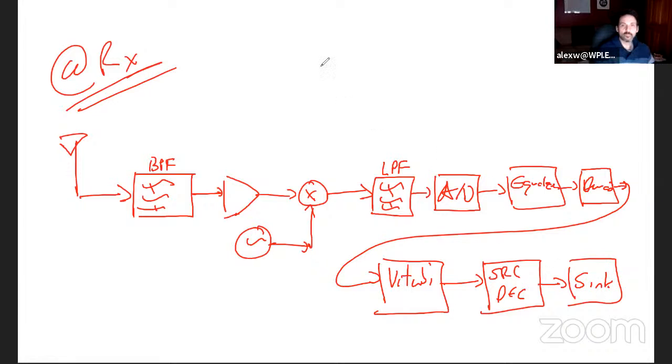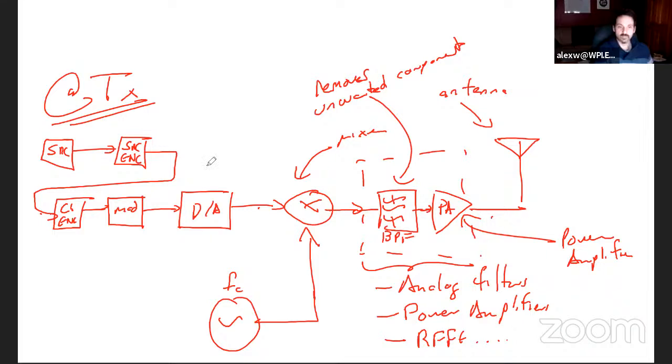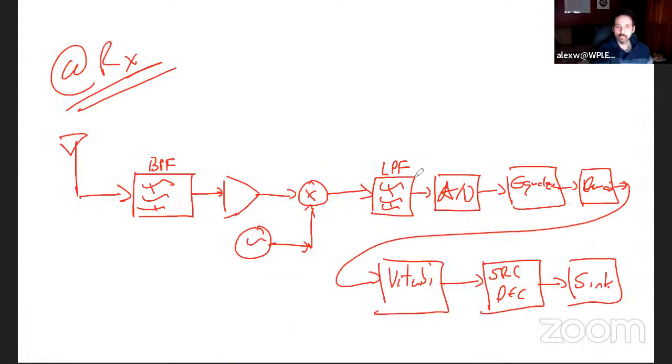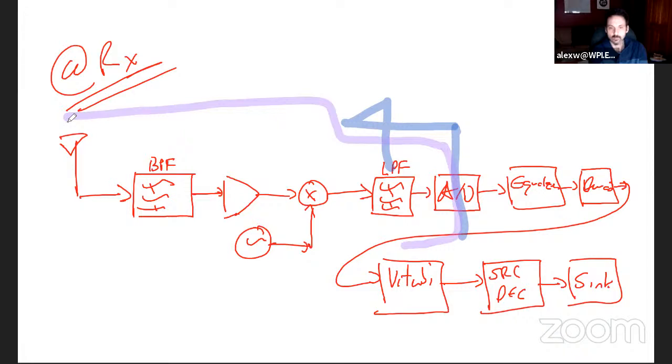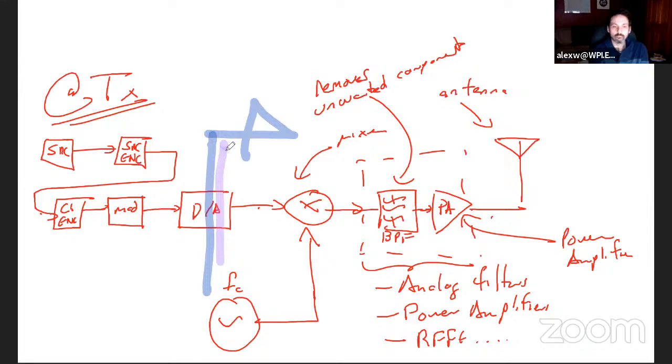So what I'm interested in, going back to the transmitter and receiver, is this boundary. I'm going to use a different box for this: the analog stuff.